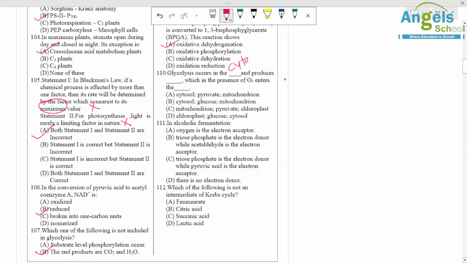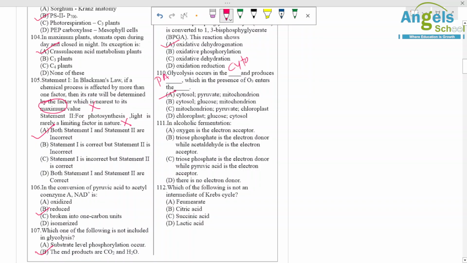The product is pyruvate, pyruvic acid is formed. In the presence of oxygen, it enters into the mitochondria. So option 1 is correct.